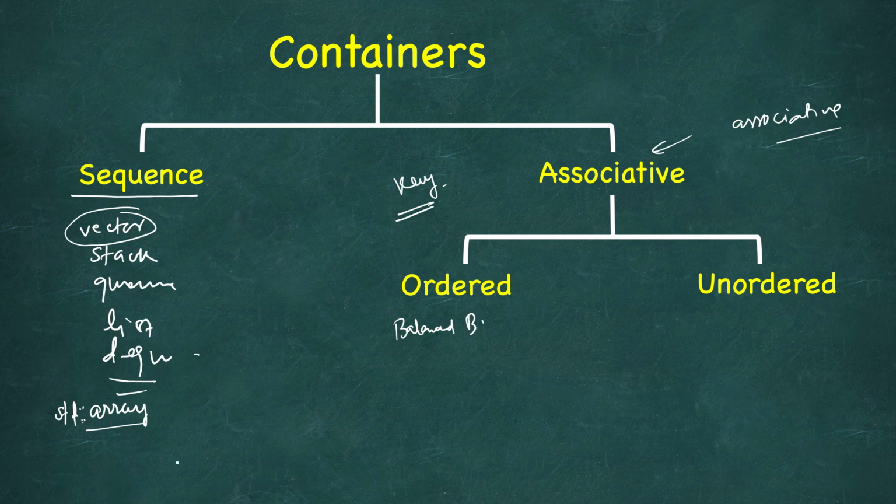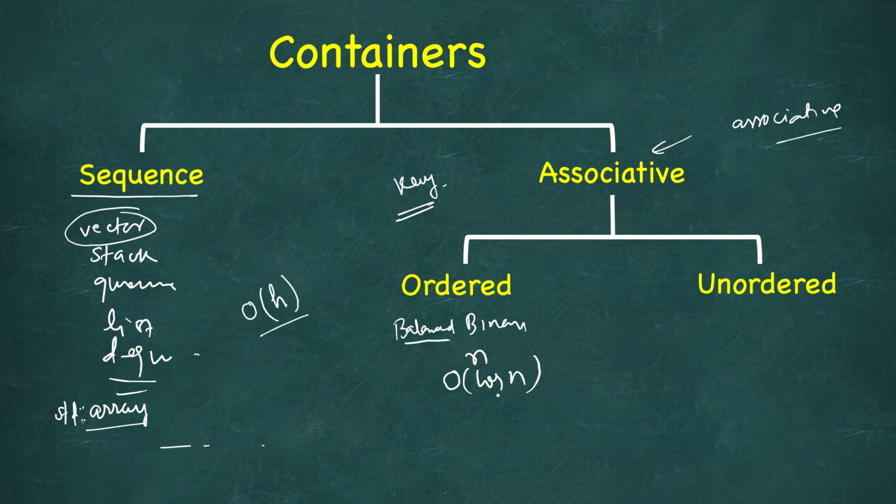And when you do an in-order traversal of a binary search tree, then we see that elements are printed in ascending order, sorted order. So the ordering comes from that. And if the tree is a balanced binary search tree, then if it has n elements, the height will be of the order of log n. And in binary search trees, all the different operations are of the order of height.